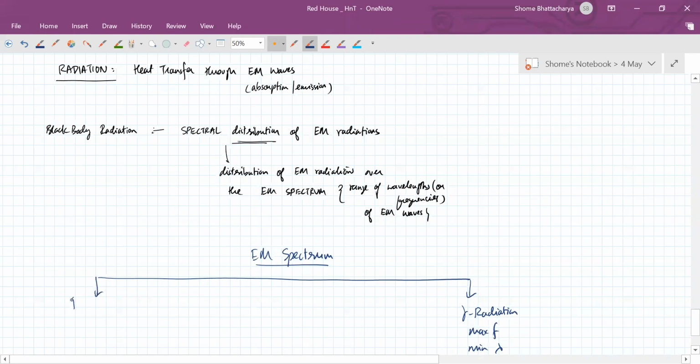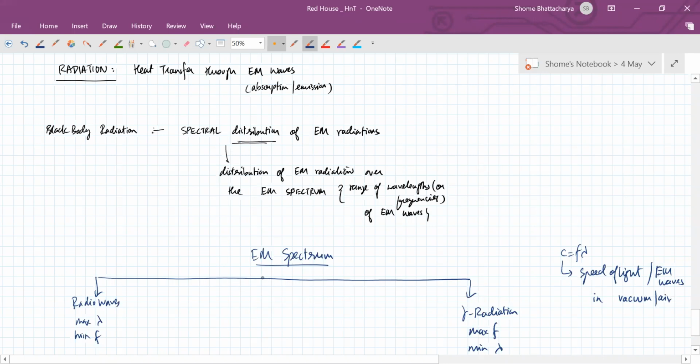And at the other end of the spectrum, we have radio waves, which have maximum wavelength and lowest or minimum frequency. And of course, the electromagnetic spectrum is such that C is equal to F lambda, where C is the speed of light or EM waves in vacuum or air.